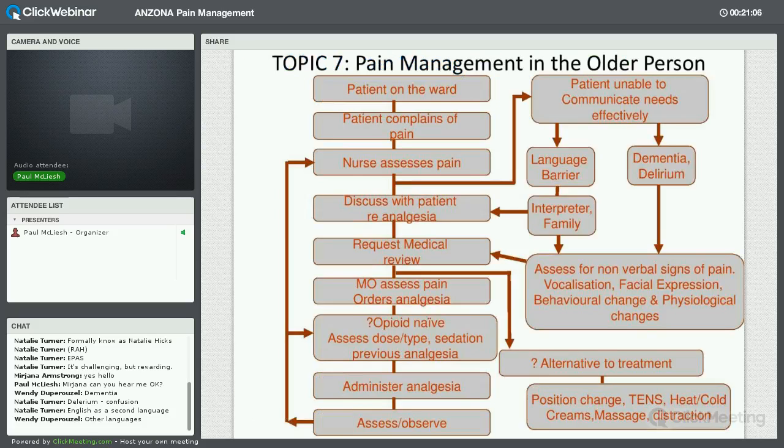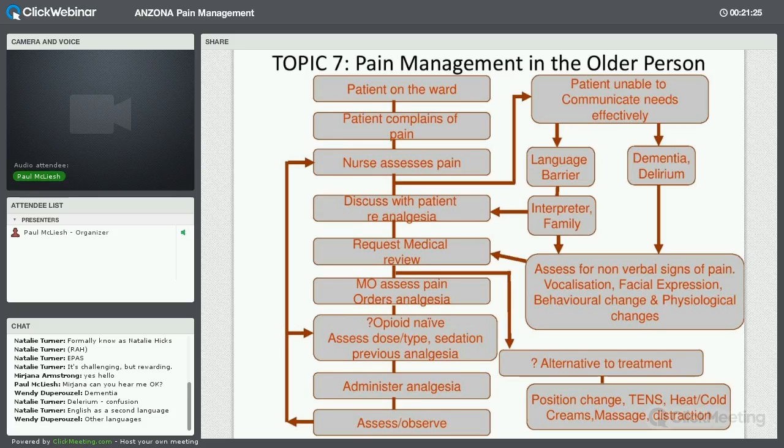So part of the process that we went through when we looked at pain management of the person was to sort of map how pain's managed on the ward and the sort of steps that nurses and the patients go through, and the doctors and anyone else involved goes through when they're trying to manage someone else's pain.